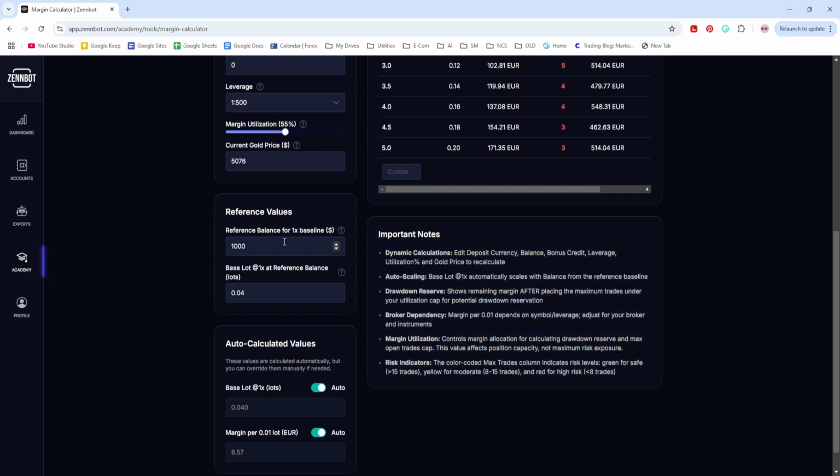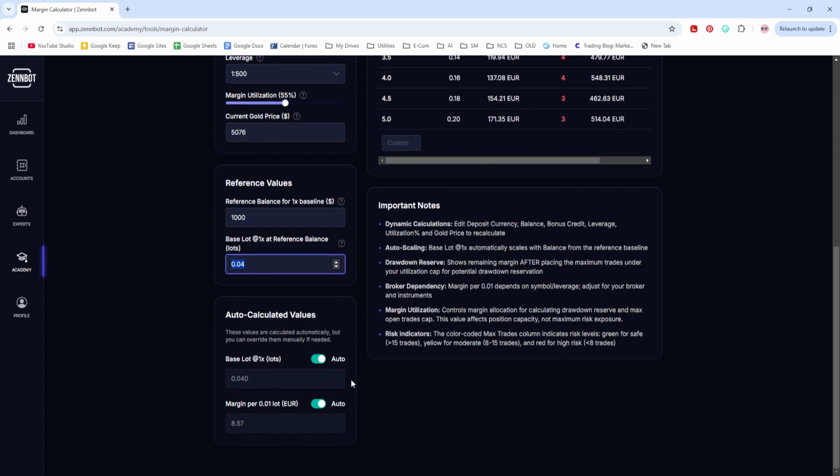As I mentioned in my previous video, if you have 1,000 bucks in your balance, the least amount of lot size you're gonna take per position is 0.04 lots based on the current gold price at any given point of time. If needed, you could of course adjust the calculator a bit, but I think it's best to keep it at default.